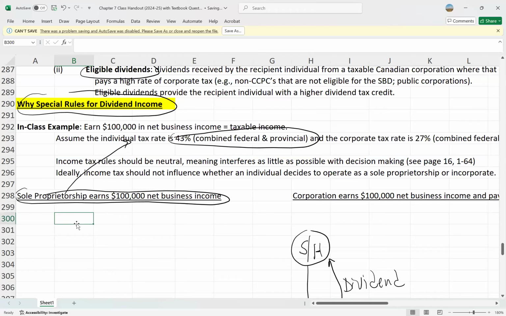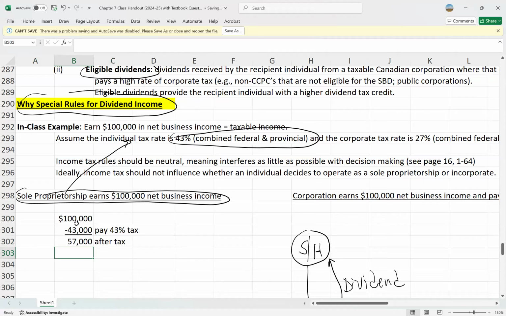So if they have 100,000 in business income and they pay 43% tax, that's going to be 43,000. The amount that they will have left after tax will be 57,000. So that's if they were operating as a sole proprietorship.